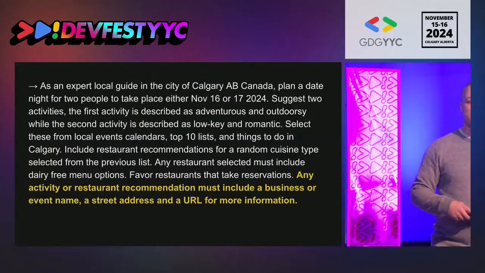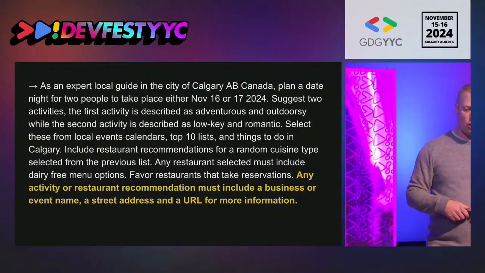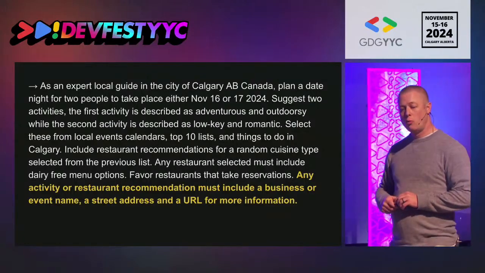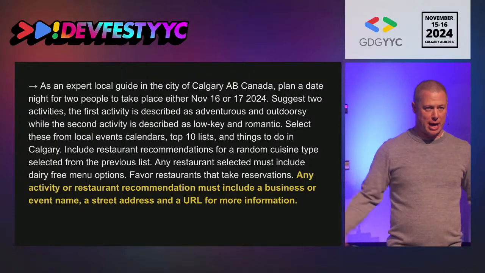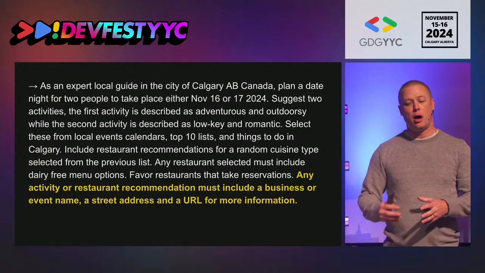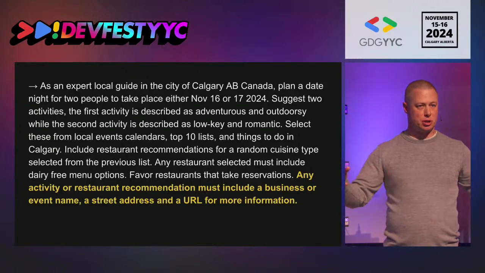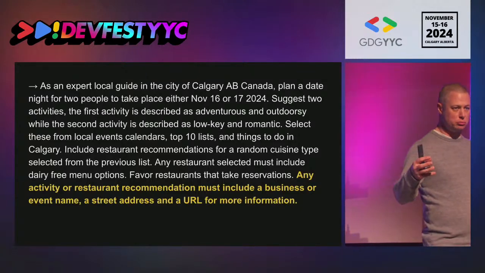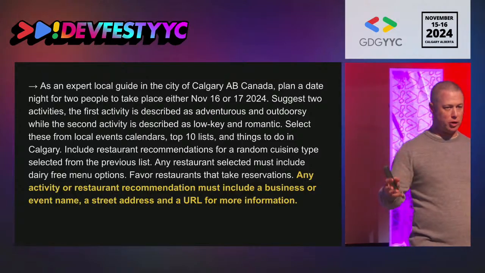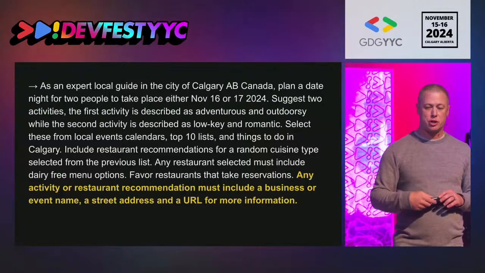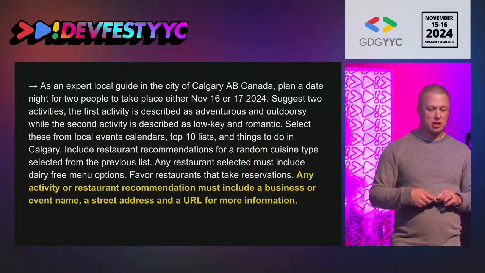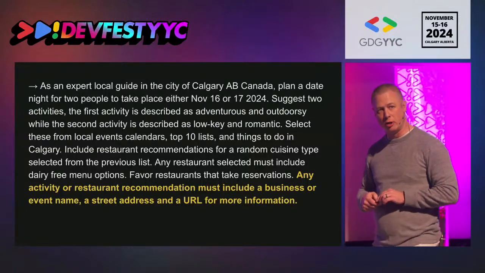So that yellow text at the bottom, this is my prompt from before. We like to rely on, like we got to this point where like AI did it all. But don't think of those things as a standalone be-all, do-everything tool. In this case, we're going to ask that the results include a real business name, a street address, and preferably a URL.